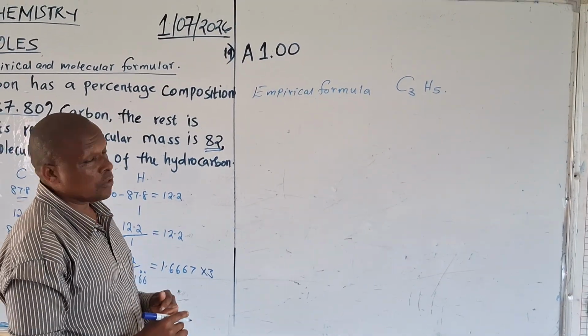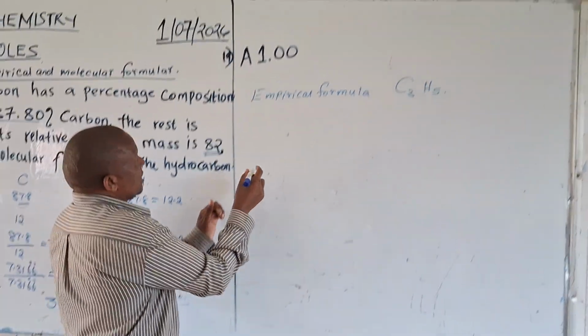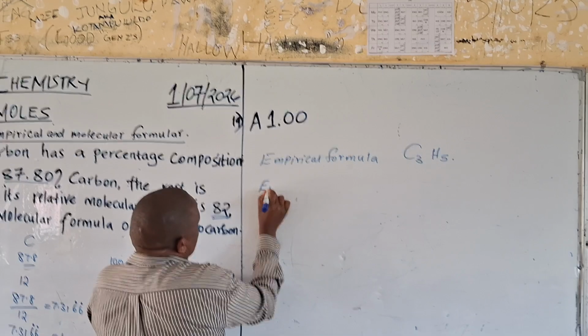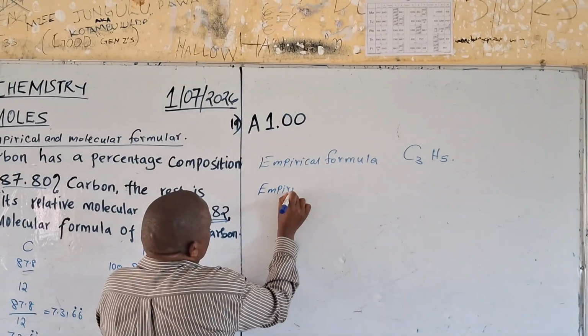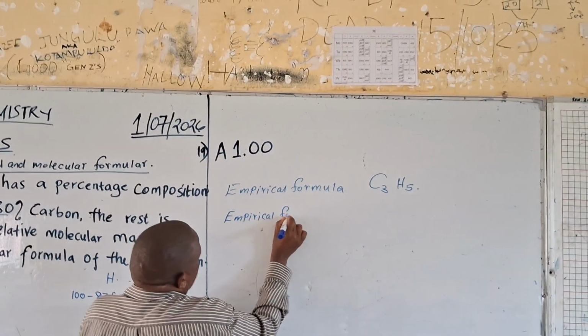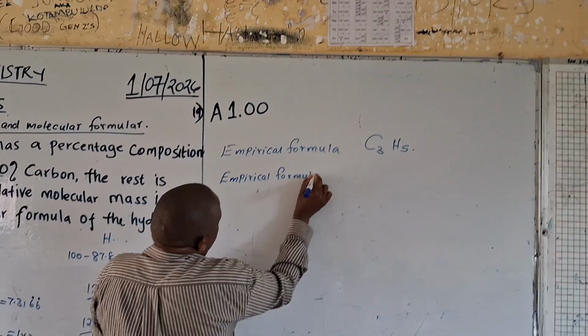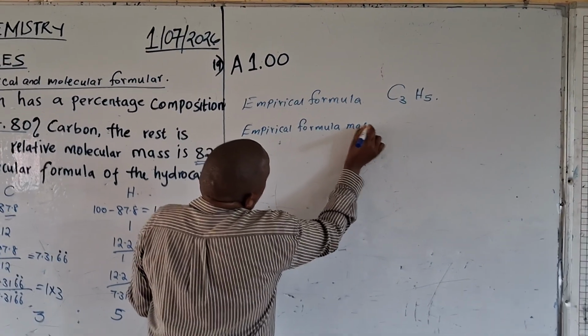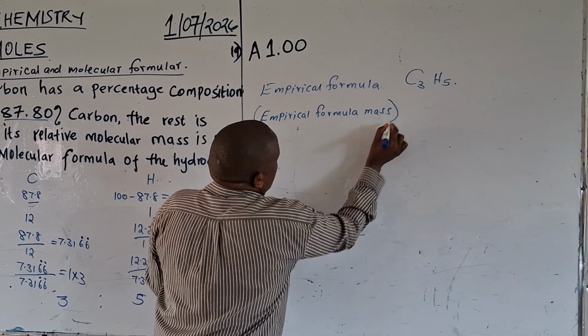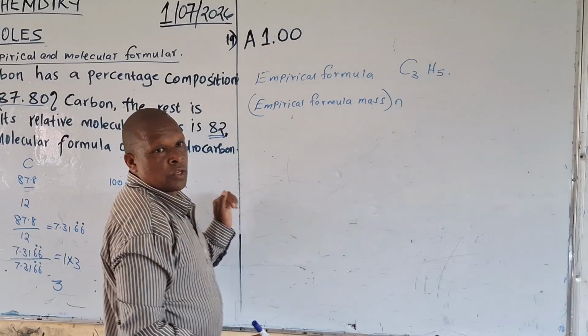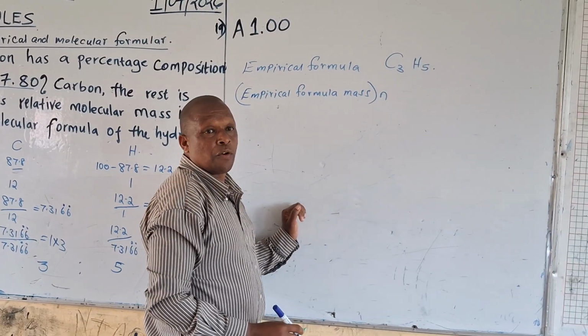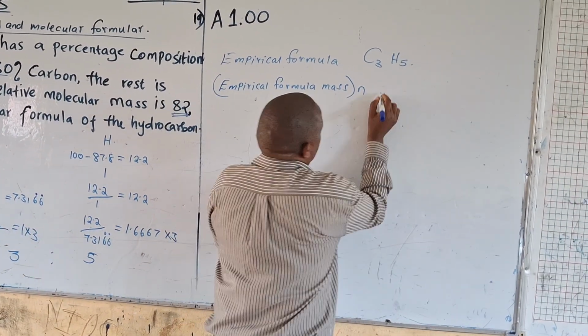That's the empirical formula. But we want to get the molecular formula. So we write it like this. Empirical formula mass multiplied by n should give us molecular formula mass.